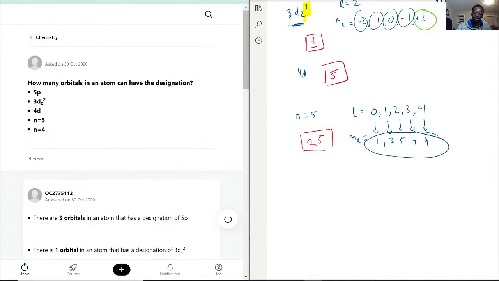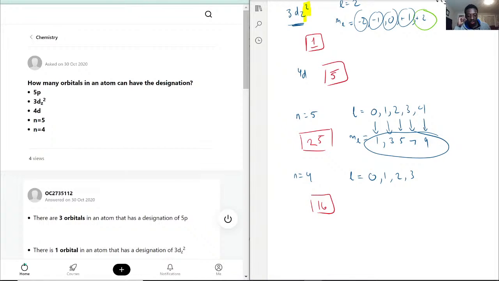And if n was 4, L would be 0, 1, 2, 3. In a sense, we're just canceling that 9. So we would have 25 minus 9, 16 possible orbitals.